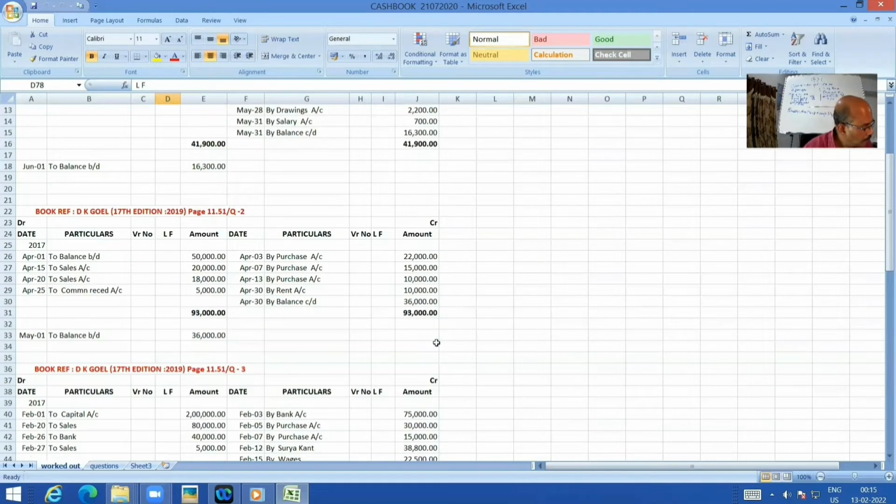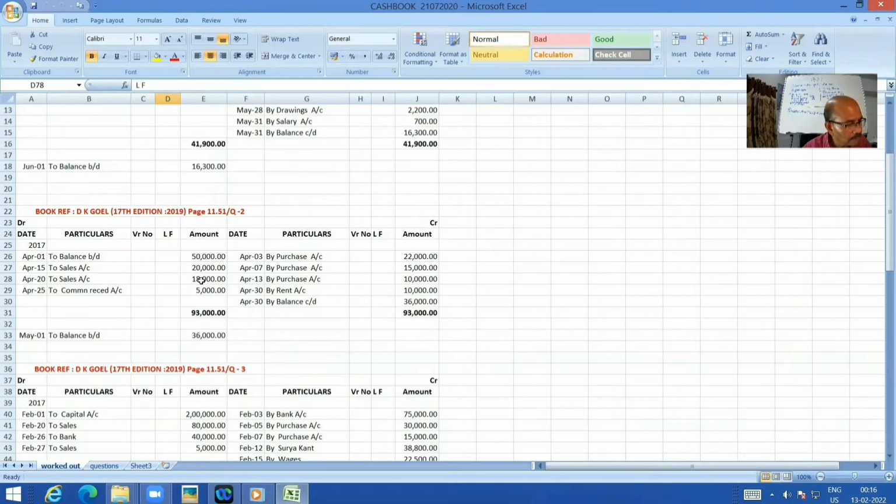Okay. Thereafter, sold goods. Unless mentioned otherwise as credit, or someone's name is attached to it, it's obviously a cash sale. So to sales. Okay. How much is it? 20,000. Fine. Sold goods to Vishwakarma. Okay. Credit transaction. Just ignore. Why ignore?